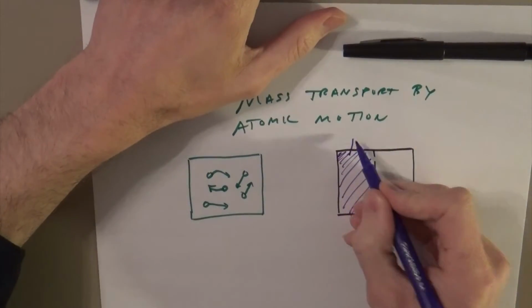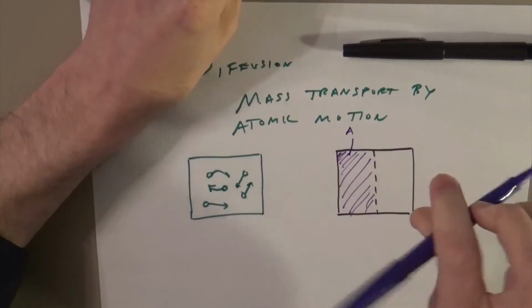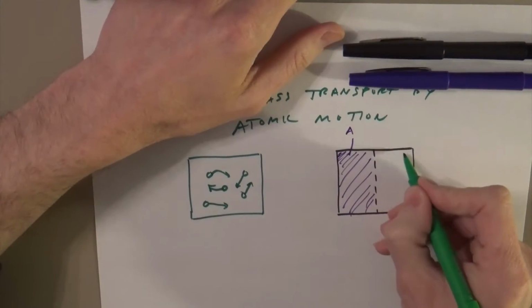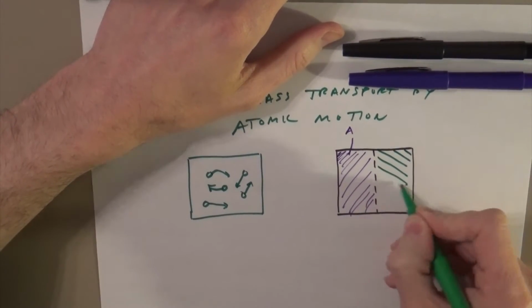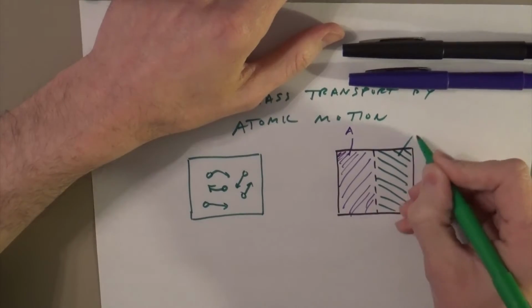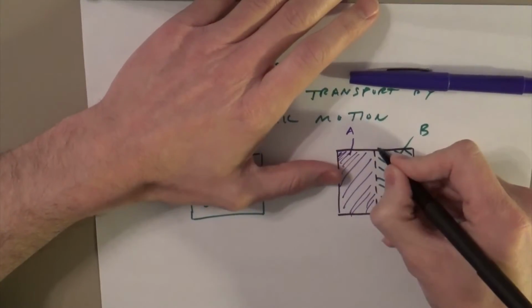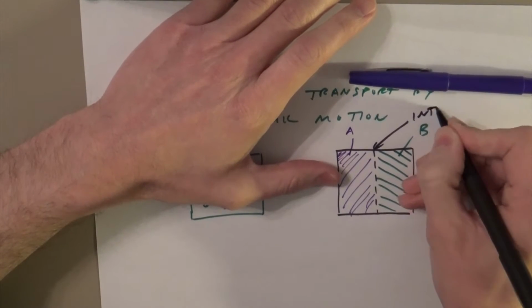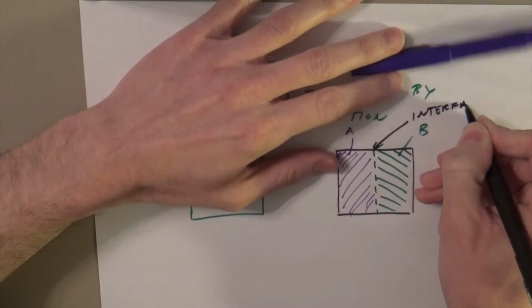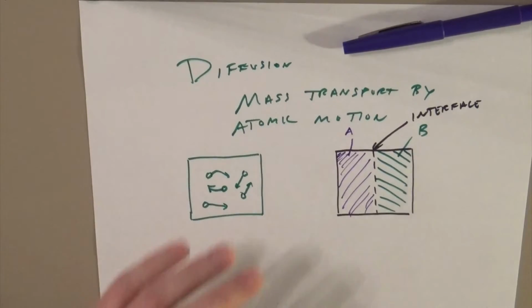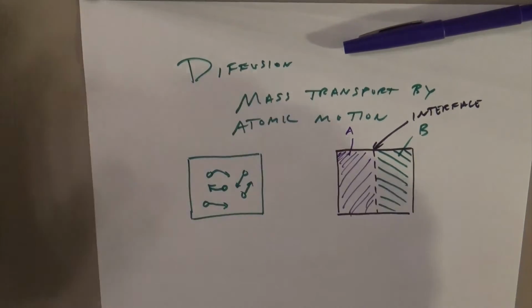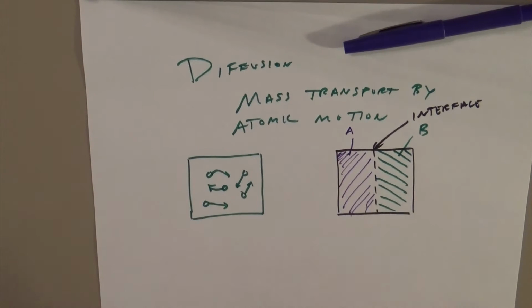Say compound, we'll call compound A, and compound B. And here we have an interface, because you've taken these and joined them and stuck them together.